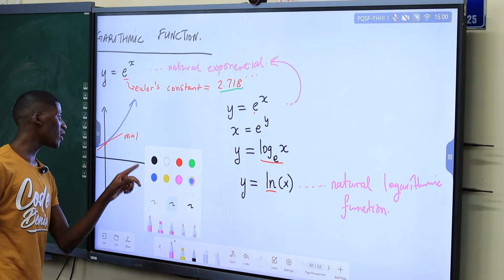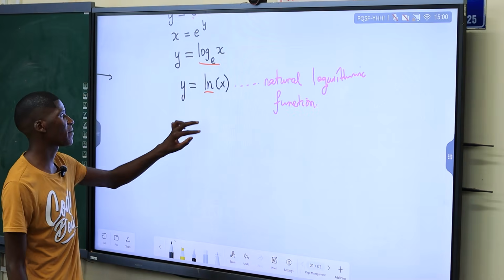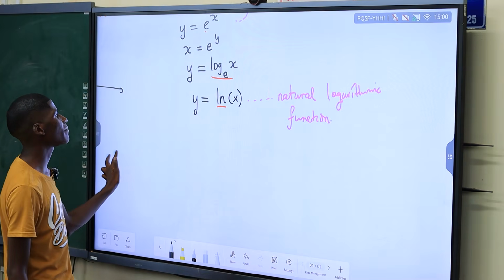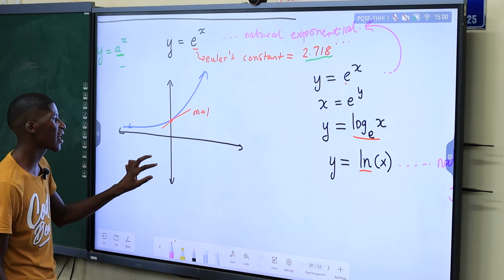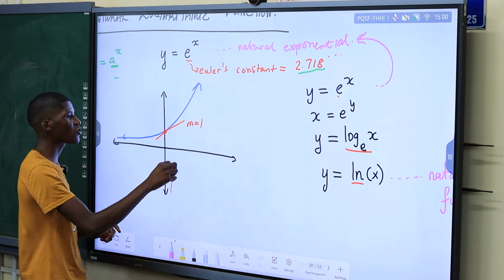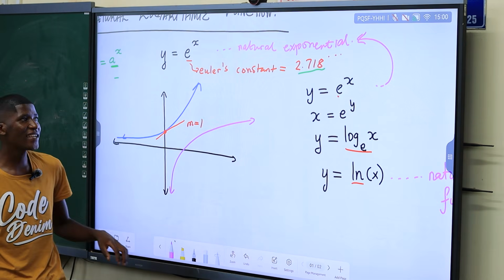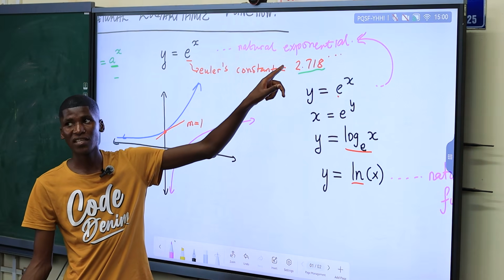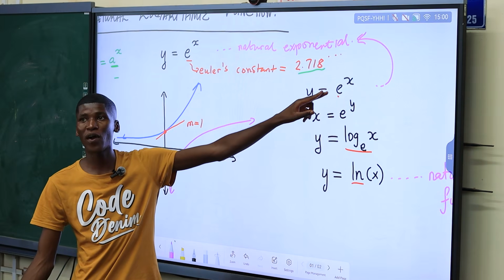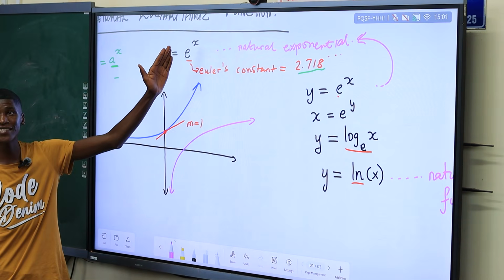Okay. So there are laws that are most important about this natural logarithmic function, because you won't have time to be drawing graphs. But if you want to draw this natural logarithmic function, it is still going to be increasing, provided our e is greater than 1. Yes. So where the base is greater than 1, this means your natural exponential function is an increasing one.